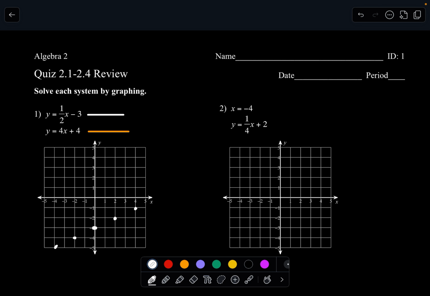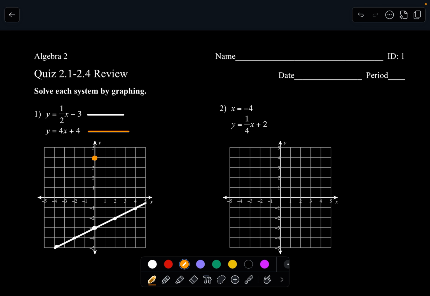And I always like to put as many dots down as possible, and then we just draw a line. What's nice about the iPad is it allows me to do it without a ruler, but I want you to use a ruler. Okay?